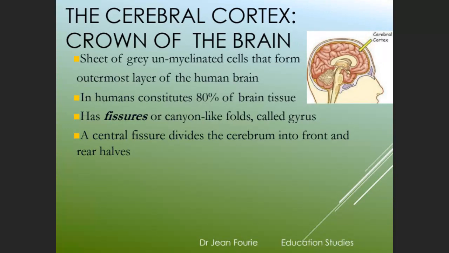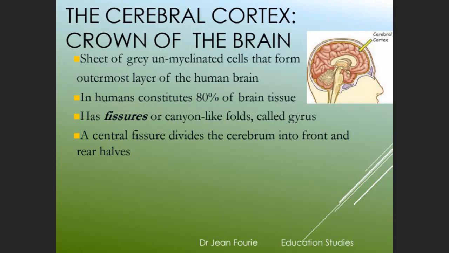It constitutes about 80% of the brain tissue and has these fissures or folds called gyri, and they allow much more of this folding of the brain to be packed into a very small space.